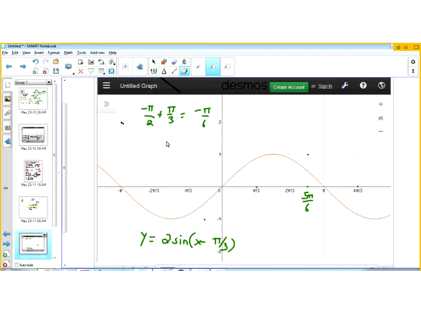Oh, I guess we could also plot this x-intercept right here, this point right here, negative pi. That gets shifted to the right pi thirds. So yeah, there we have it. All right, so the right shift of sine by pi thirds radians would go like this.